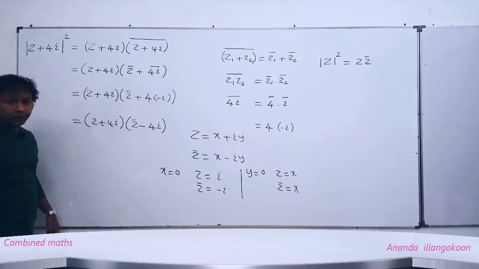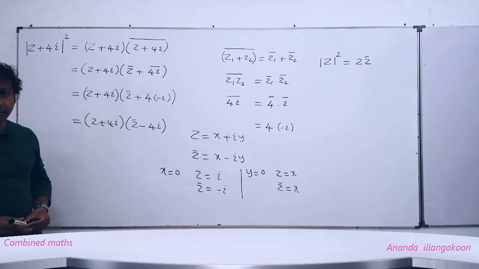Like this. Now you have to remove the brackets by multiplying.